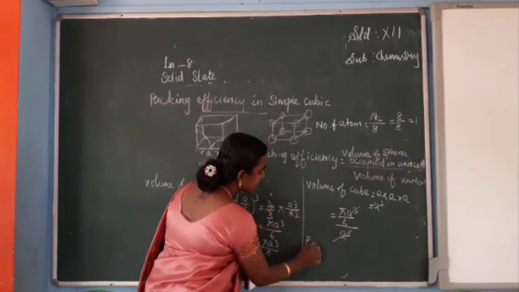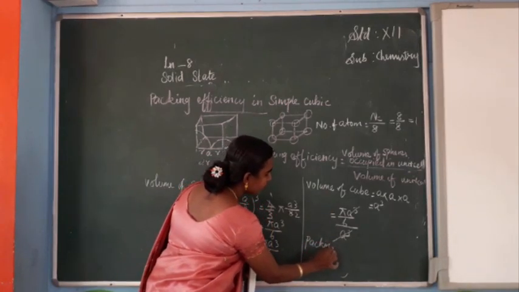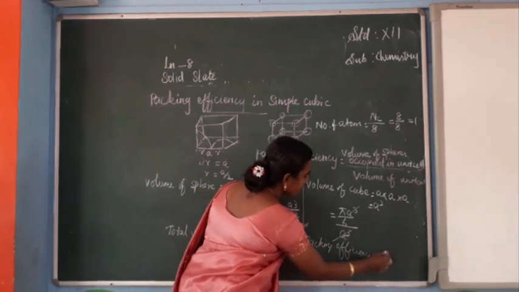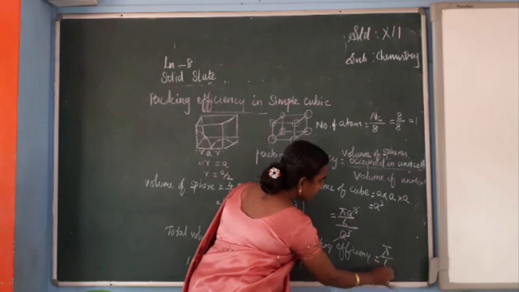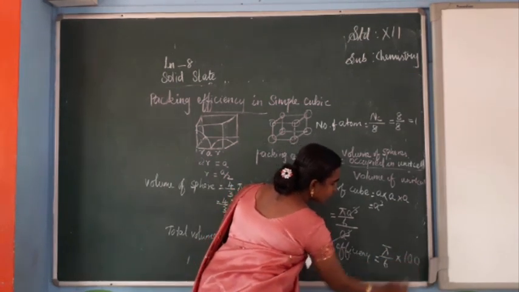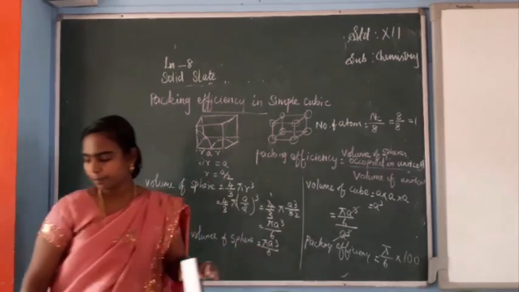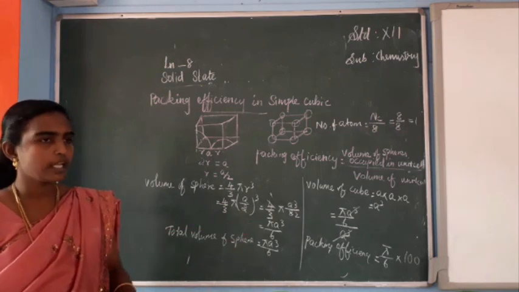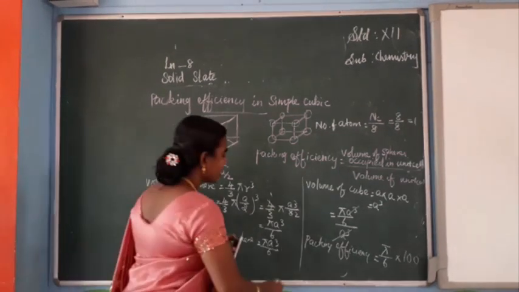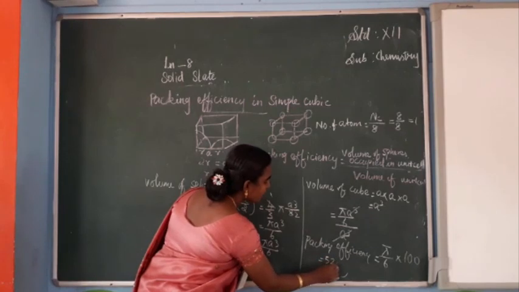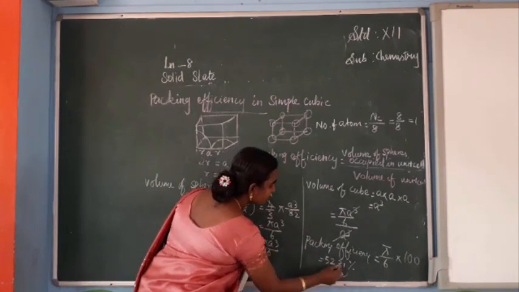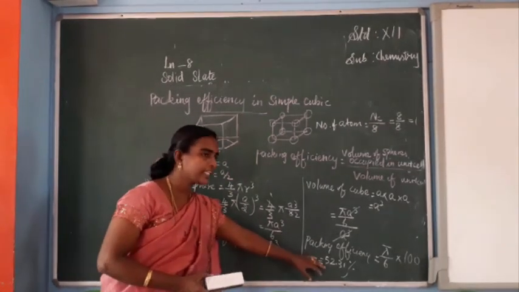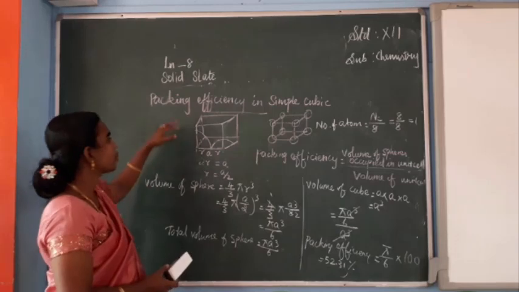So packing efficiency percentage is pi divided by 6 into 100. The pi value is 3.414, isn't it? When you multiply, the answer you get is 52.31%. So this is the packing efficiency of simple cubic arrangement.